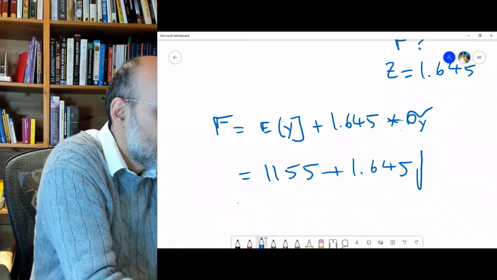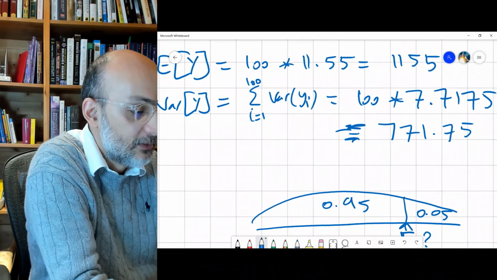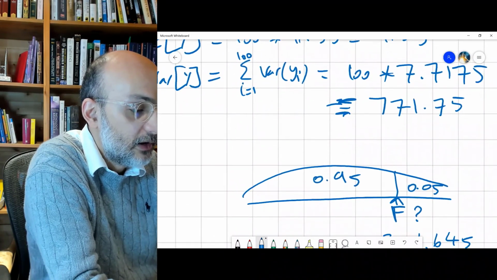Now the standard deviation is the square root of the variance, 77175.